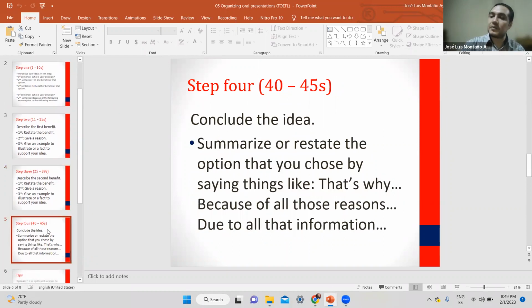And in the last part, remember, this is only if you have the time because sometimes you don't. You are going to give a short conclusion, like, and that's why I believe that this is the best option, period, right? Just to make the examiner feel that you had that organized and you got to say everything you wanted to say in 45 seconds, which is pretty good.